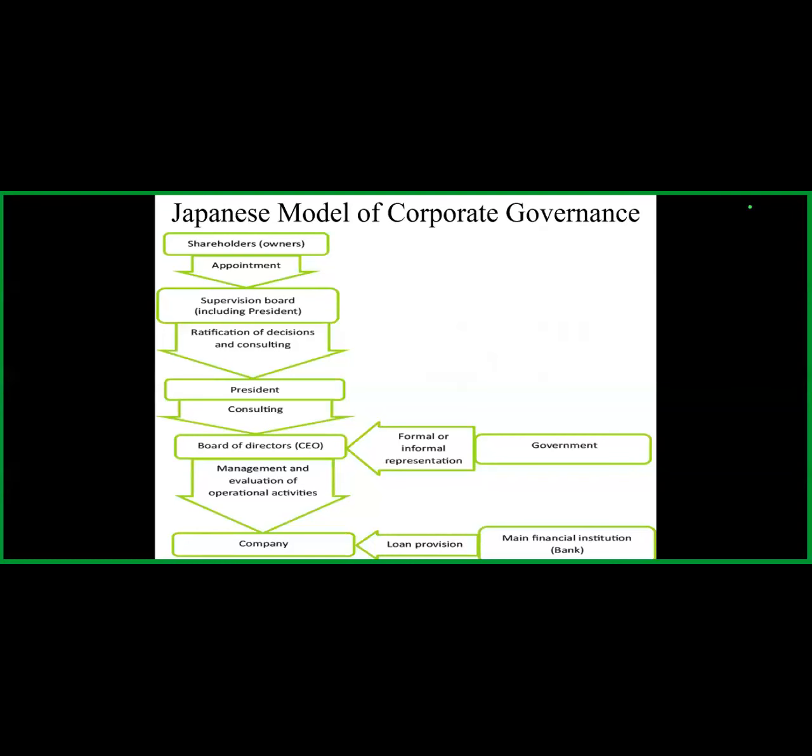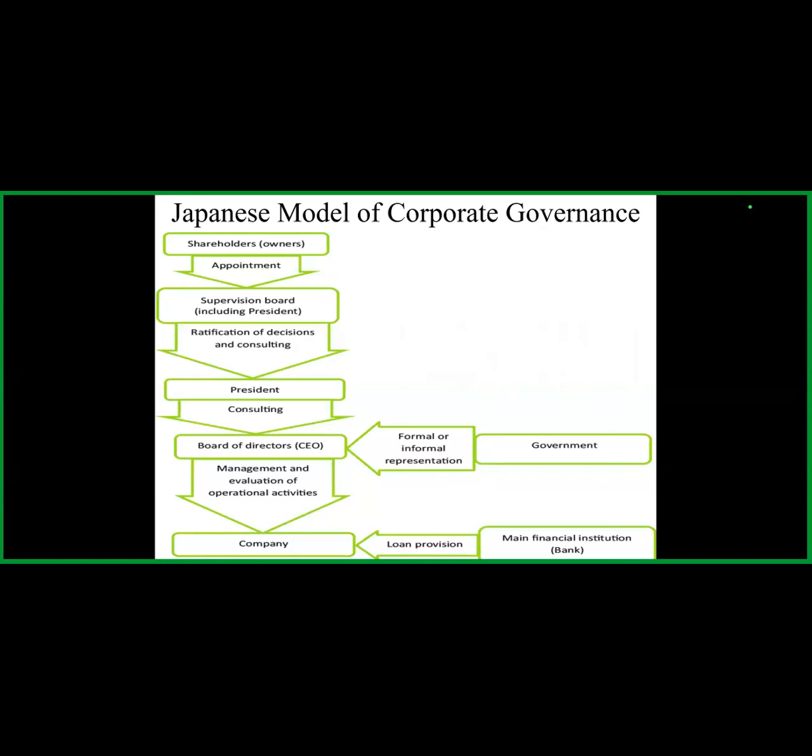Now, what is the job of the CEO? We have seen the job of the supervision board: ratification and consulting. Then what is the job of the CEO of the organization? The job of the CEO is management and evaluation of operational activity.